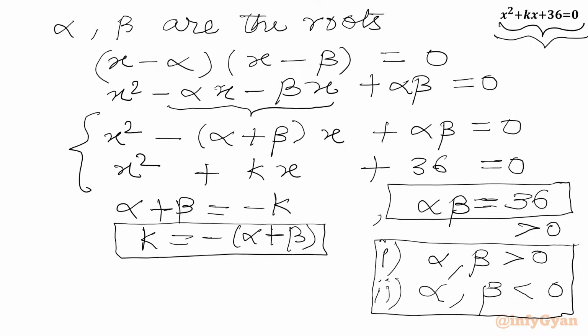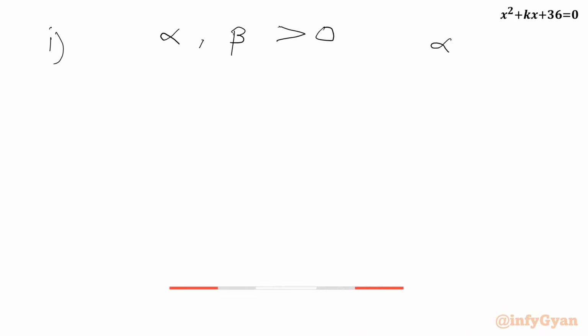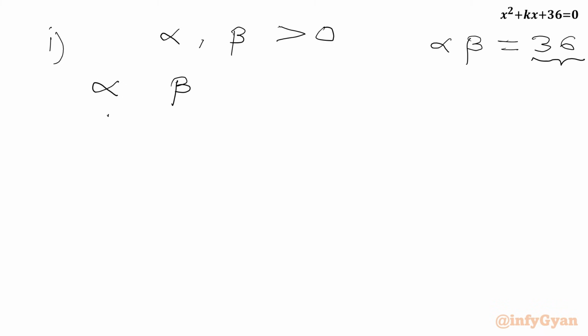So let's assume the first case. Here alpha and beta are both positive roots, and the product equation is alpha times beta equal to 36. Let's find the factors of 36. If we multiply 1 with 36, we get product 36. 2 times 18 is also 36. 3 times 12 will also give us 36.